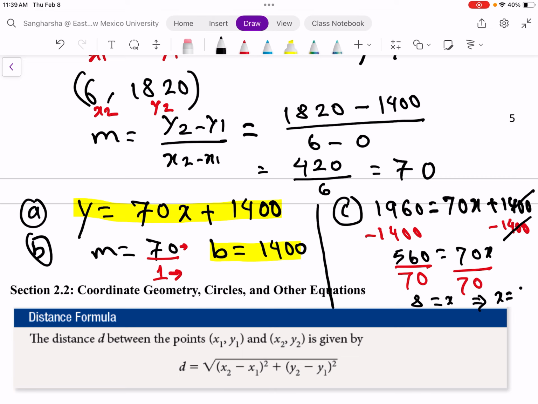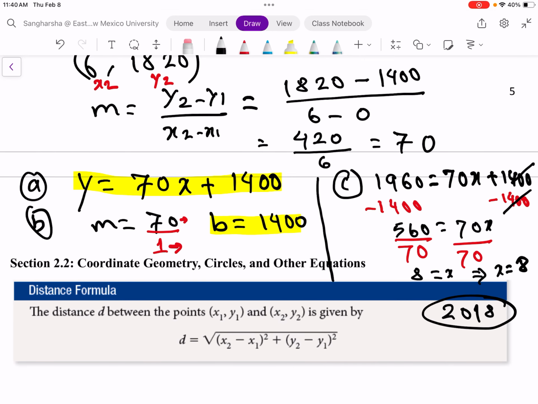Now can you tell me what year is that? 2018. The very starting year is 2010, and the 8th year after 2010 is 2018. So in the year 2018, the number of geese will be 1960. So 2018 is the final answer.